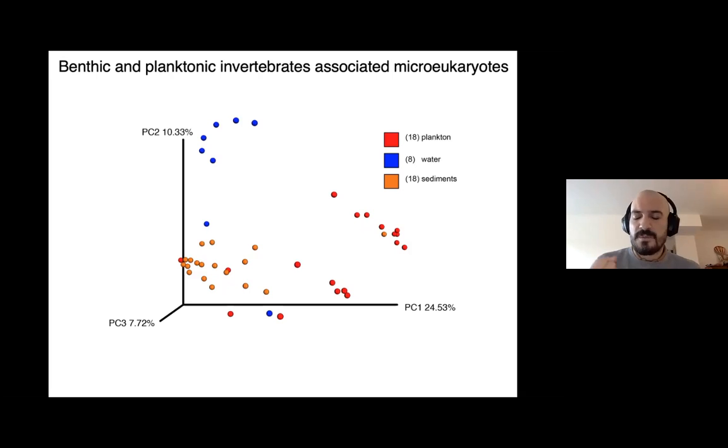So we are observing microbial communities, microkaryotic communities that are going through the gut or that are colonizing the surface. And in this case, maybe they are not that different from one group of meiofauna to another, or from one group of zooplankton to the other, but are more different between those two groups, being zooplanktonic animals living in the water column and the meiofaunal animals living in the sediment.